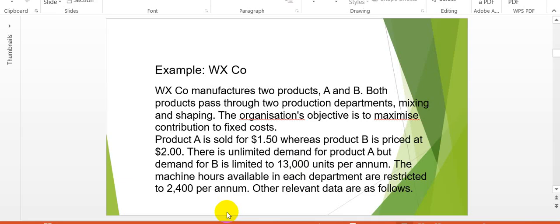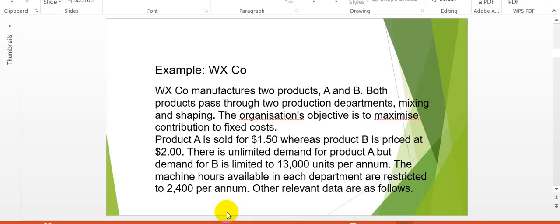We are told product A is sold for $150, whereas product B is priced as $2. There is unlimited demand for product A, but the demand for B is limited to 13,000 units per annum. So meaning if we produced more than 13,000, we will not be able to sell the excess above 13,000.